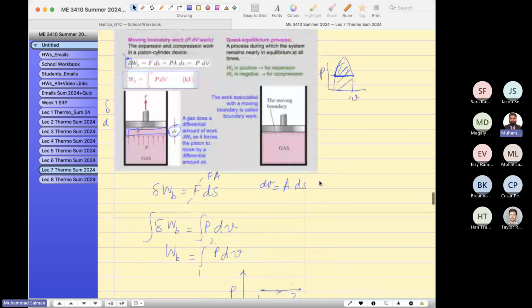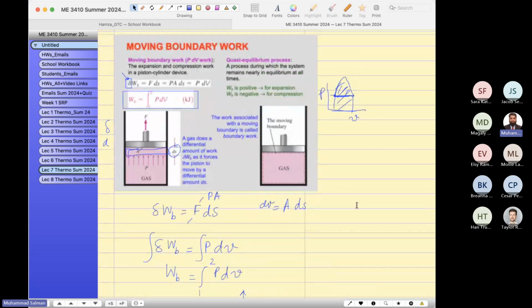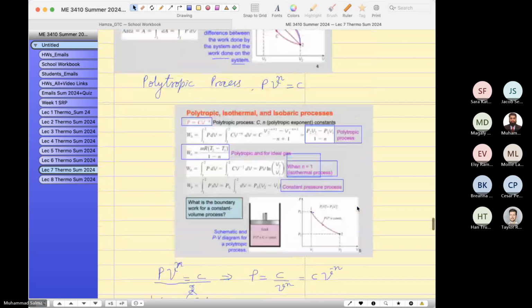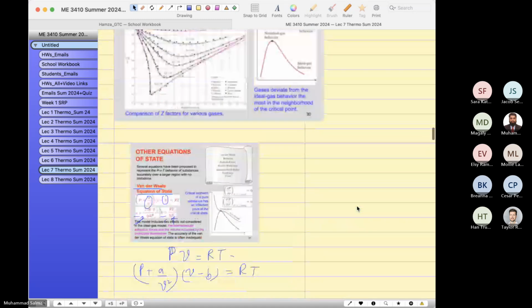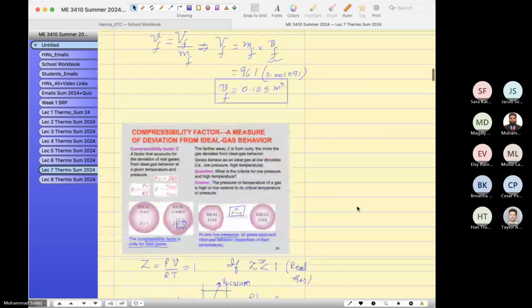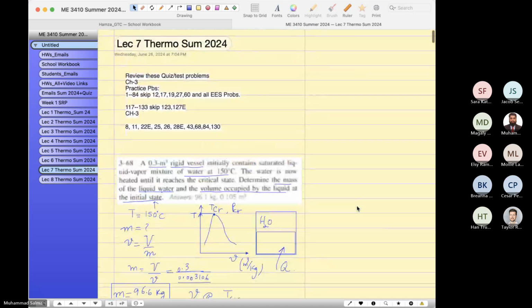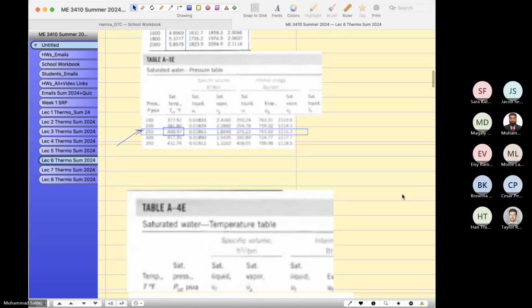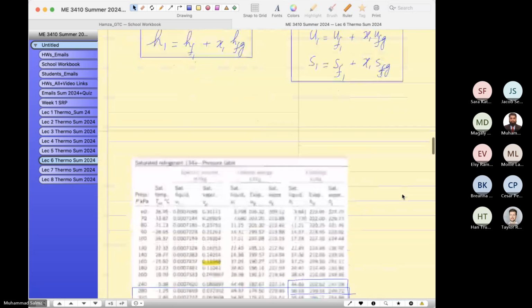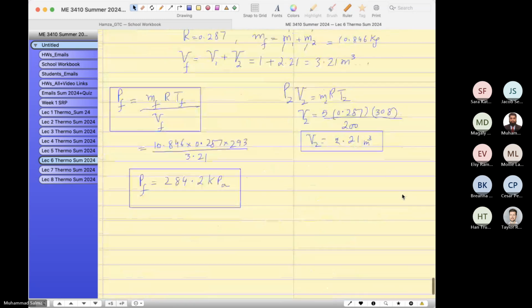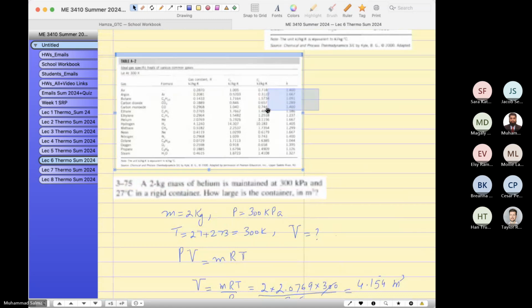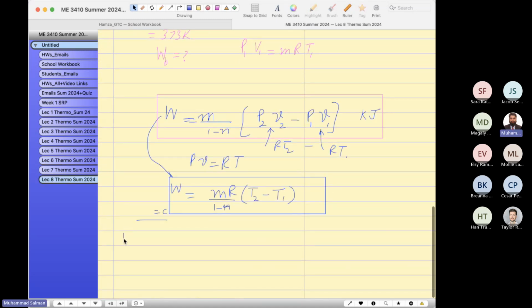If I go back, I believe I solved this question last time over here, if I remember. R value, this is a little blurry, but it's okay.